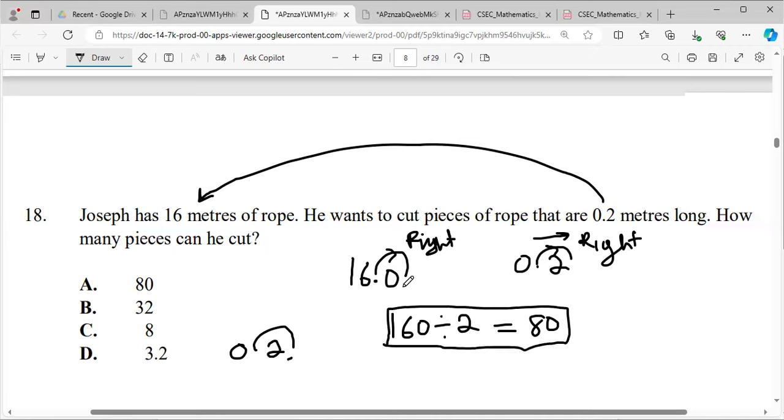Another way you could look at it, guys, is this. Let me ask anyone, I'm throwing out this question. How many 0.2 meters would be in 1 meter? How many 0.2? That's the question.